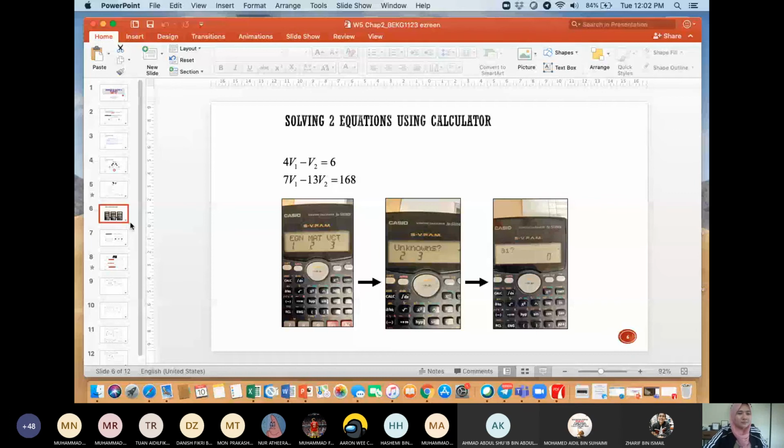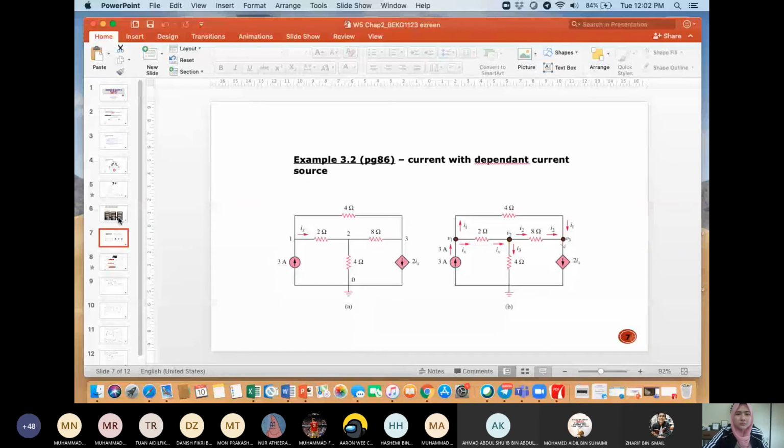Okay, so next example 3.2. I think this is the last example. Yes, so this is the last example.